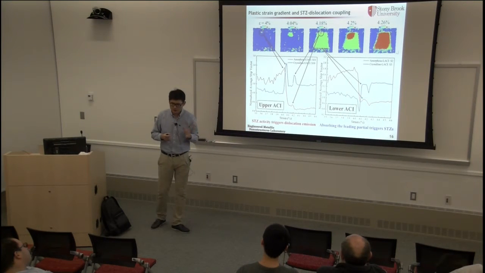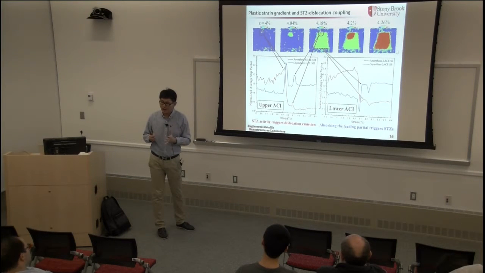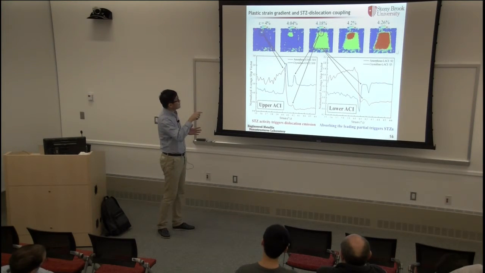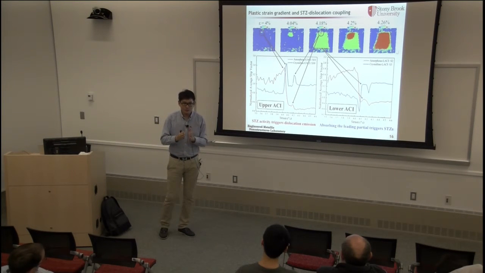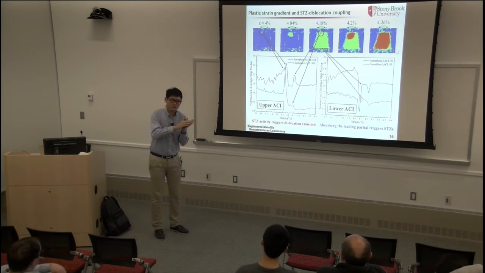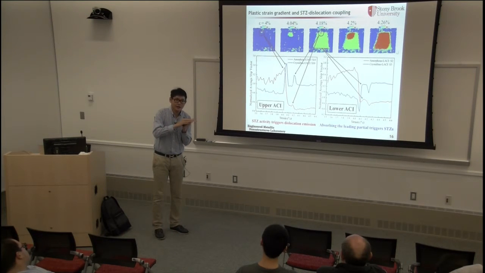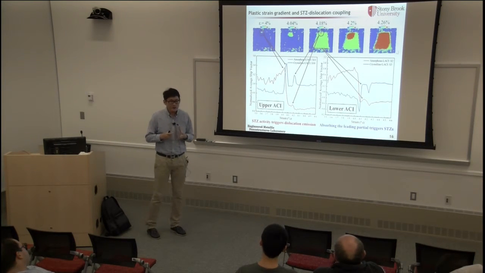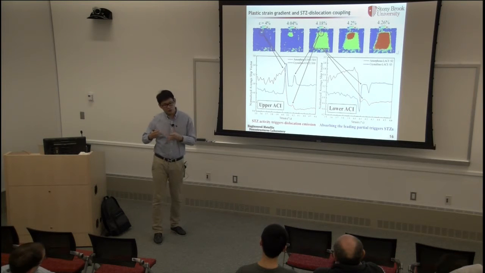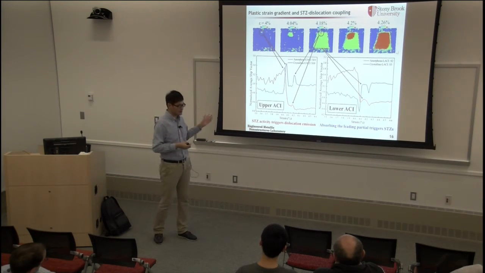We need to remember that we have different kinds of material combined together. So there's going to be some friction or sliding at the interfaces. This might lead to strain concentration at the interfaces. That is the next step I'm going to look into, to see how the dislocation is activated at the interfaces.